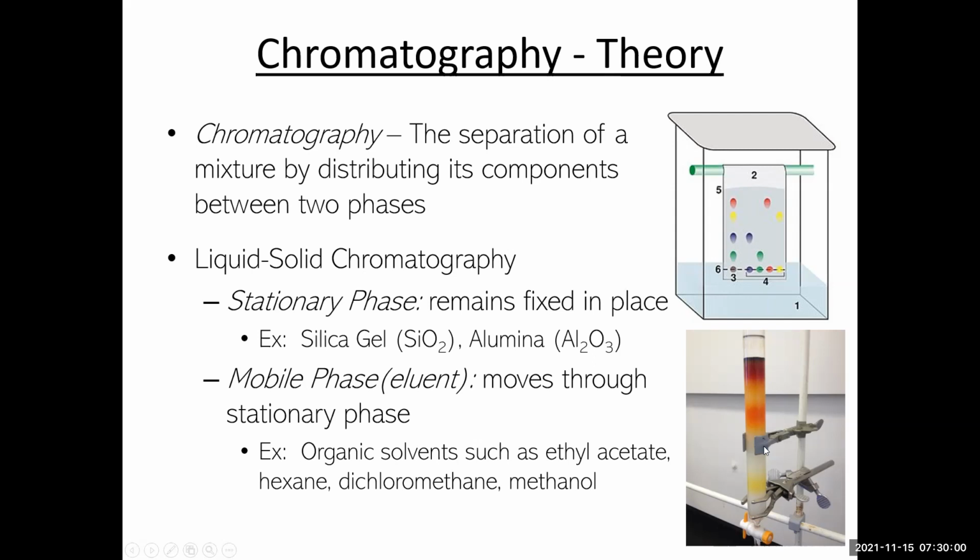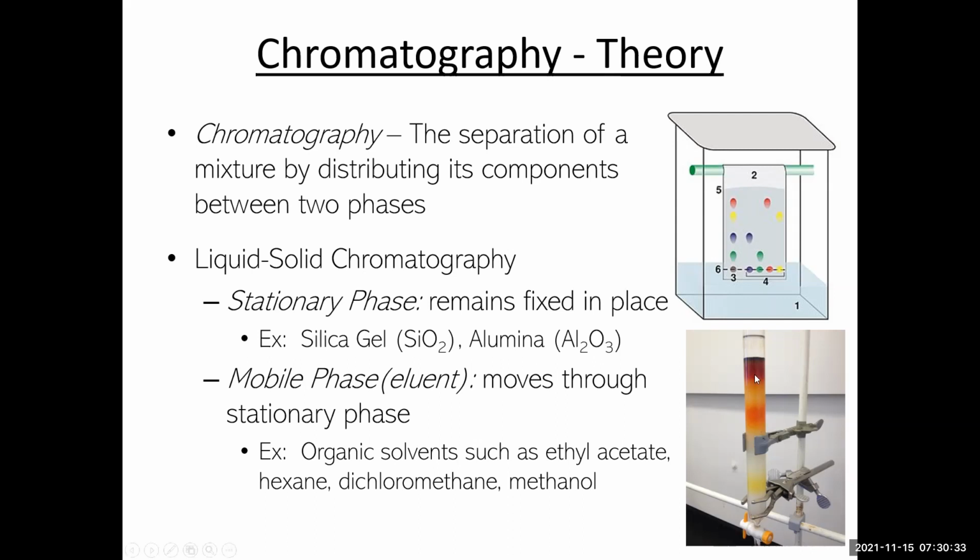Column works a little bit differently. Silica gel is put into a cylindrical column, and solvent is run through it from top to bottom, which is different from TLC, where solvent runs from bottom to top. And then compounds either adhere very strongly to silica gel and move very slowly, or they don't adhere to silica gel very well, and so they'll move much more quickly through the column and separate that way.